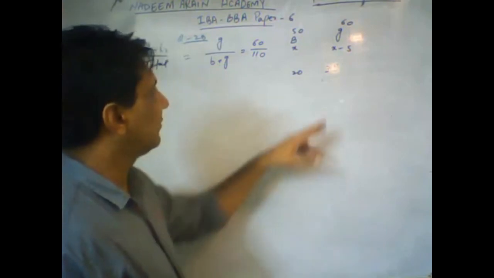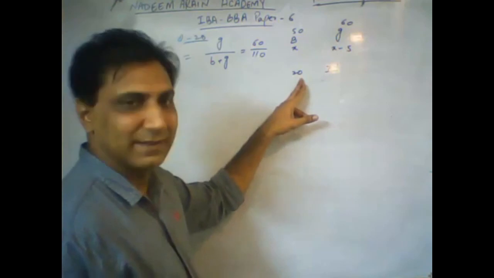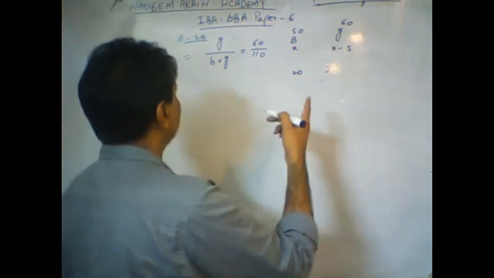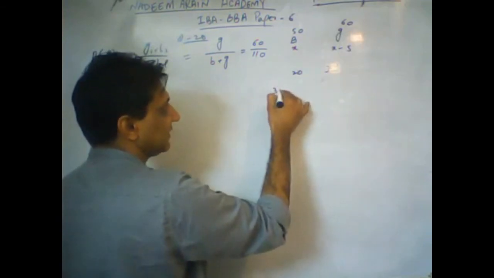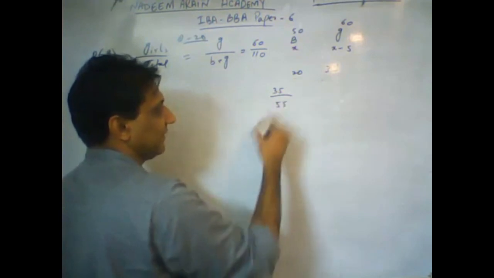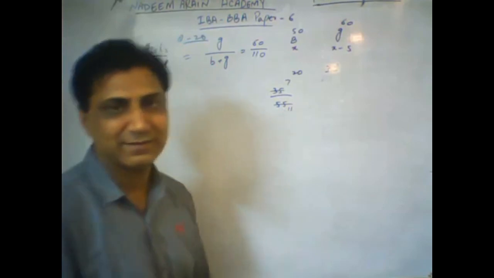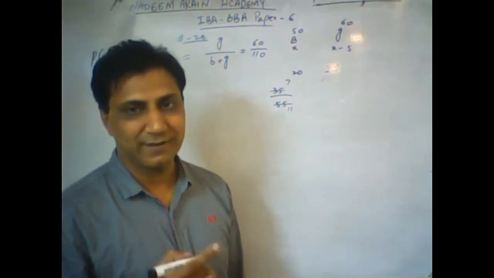So 35 and 20 is equal to 55. The probability of girls will be 35 divided by the total 55, which is 7 over 11. It means it's not 5 over 7. This is not our correct answer.